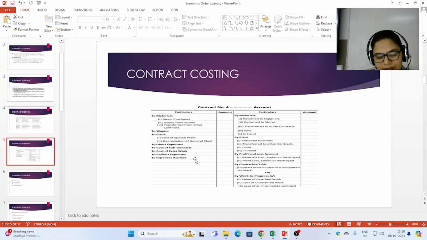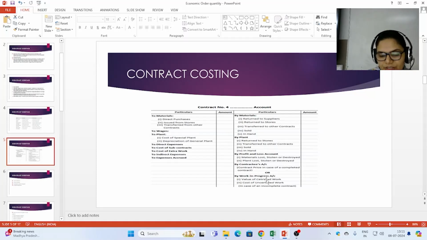In case of an incomplete contract, even then the profit or loss on the contract has to be determined at the end of the accounting period.